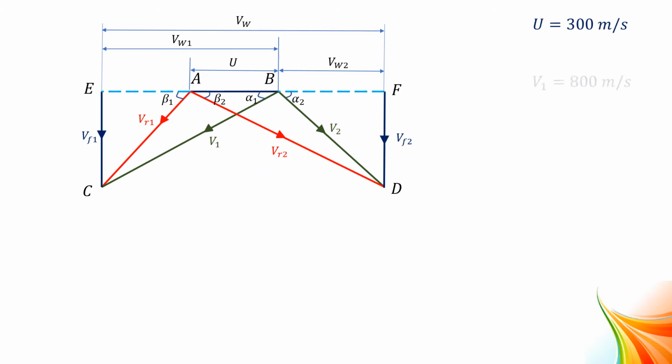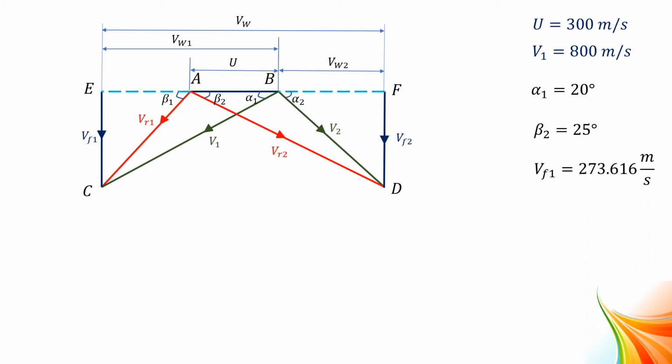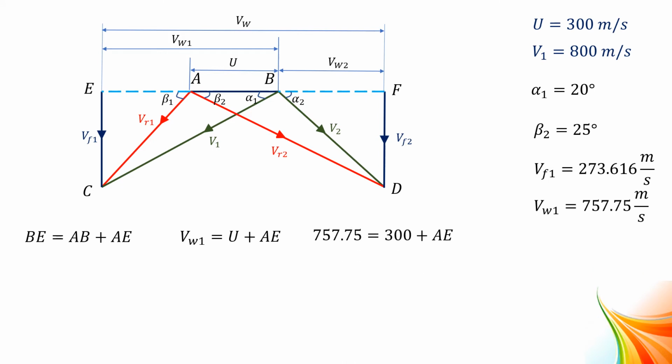U equal to 300 meters per second, V1 800 meters per second, alpha 1 20 degree, beta 2 25 degree, VF1 273.616 meters per second, VW1 757.75 meters per second. Now from the velocity triangle, we can write BE equal to AB plus AE, VW1 equal to U plus AE. Substituting the values of VW1 and U, we get AE equal to 457.75.